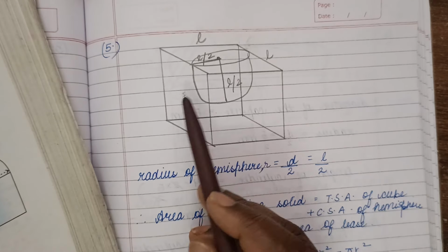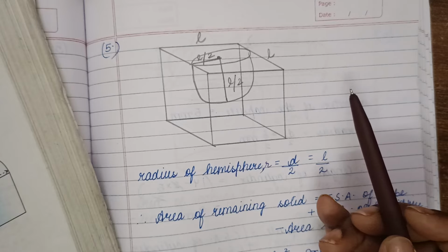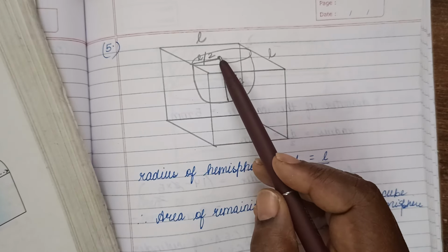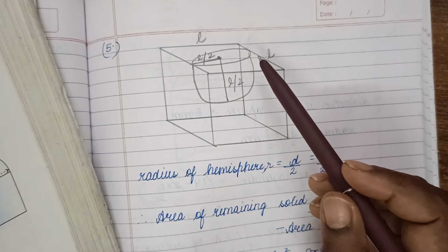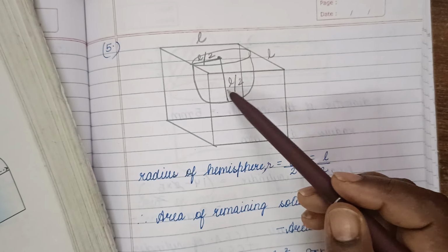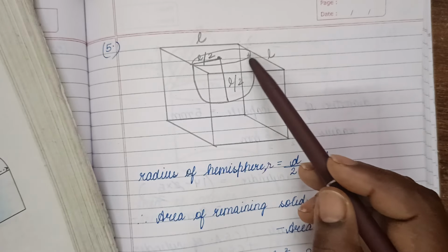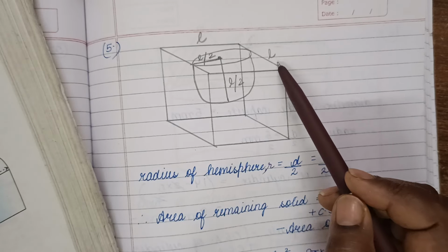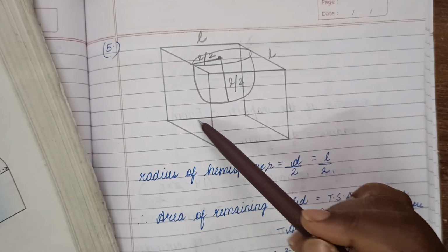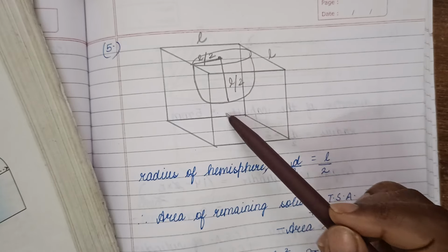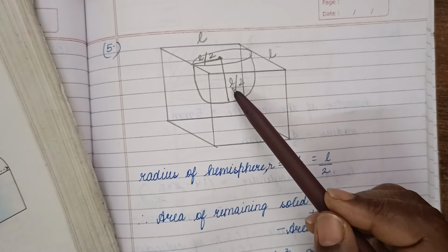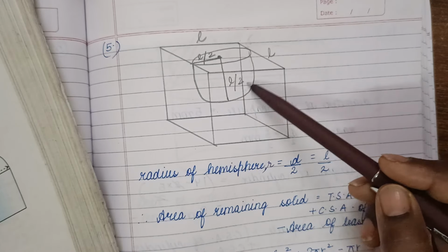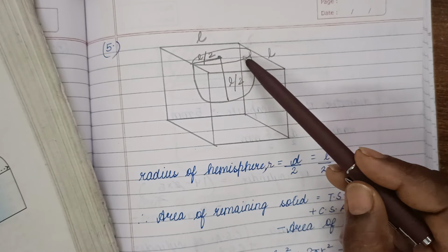So the figure will be like this. The diameter is given as l, isn't it? So its radius will be l by 2. It is also given that the diameter l of the hemisphere is equal to the edge of the cube, means each edge of the cube is also equal to l. We have to find out the surface area of the remaining solid. So the surface area of the remaining solid will be equal to the total surface area of cube plus curved surface area of hemisphere minus area of base.